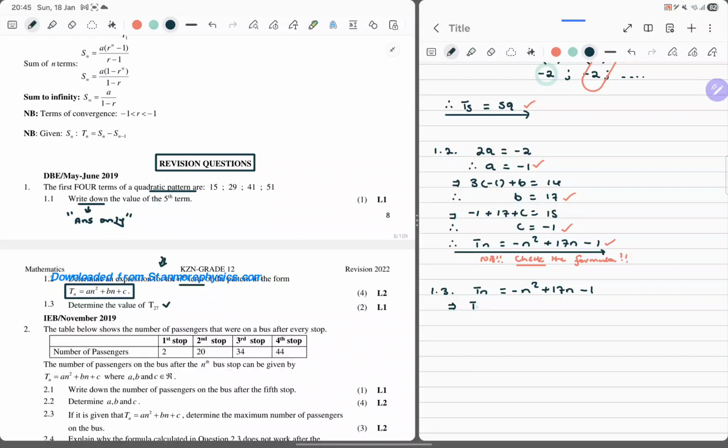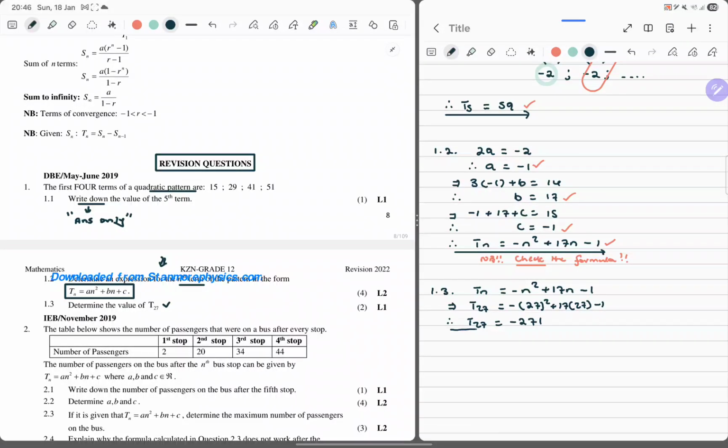So this implies that T sub 27 is going to be minus 1 into 27 squared plus 17 into 27 minus 1. Now let's put it on the calculator quickly. So minus 1 into 27 squared plus 17 into 27 minus 1. We get minus 271.